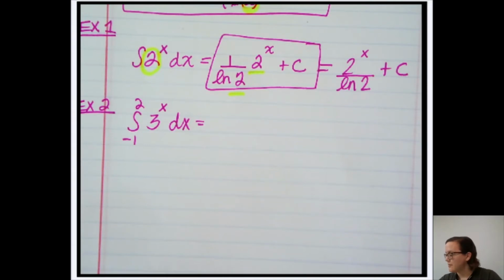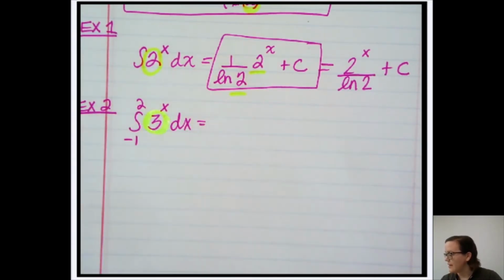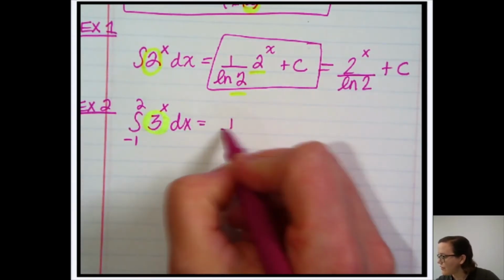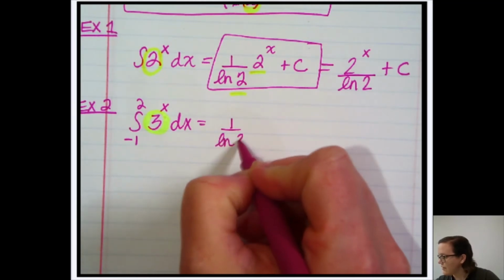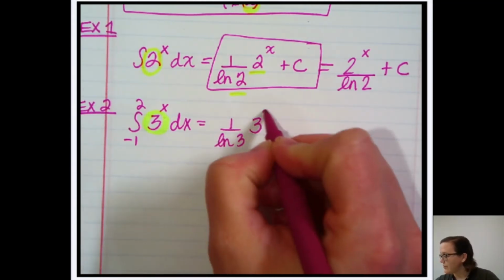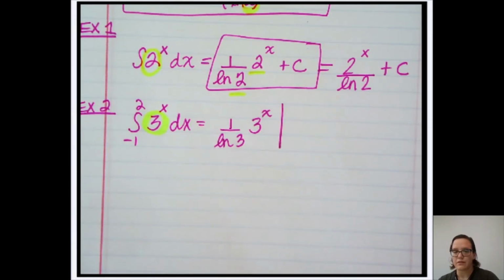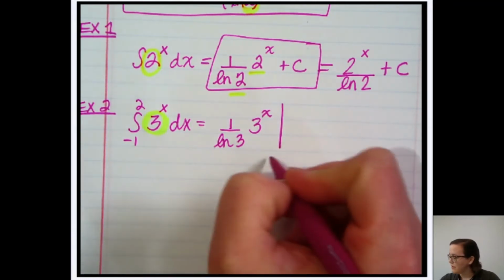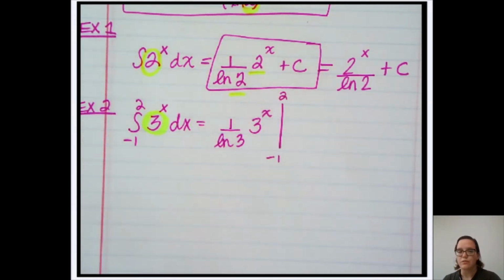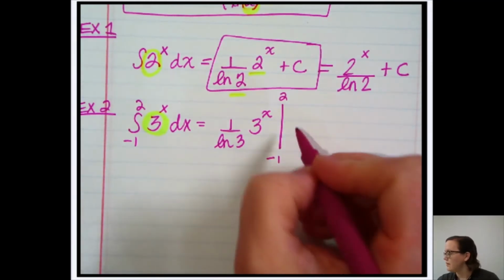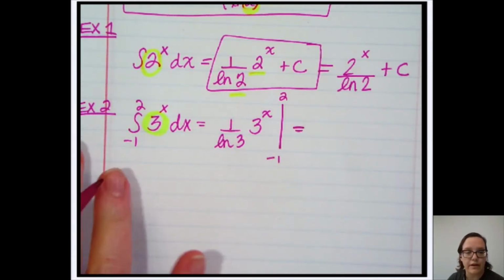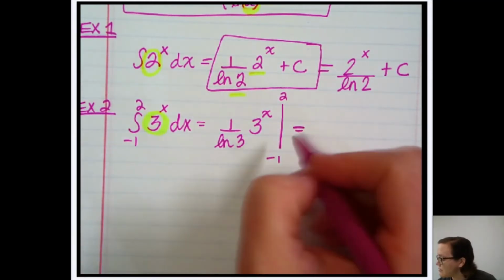Our a this time is just 3. So we would have 1 over the natural log of 3 times 3 to the x, and then we need to put in our -1 and 2, since we have the limits. So now we just plug in.